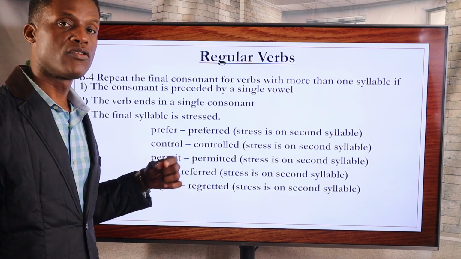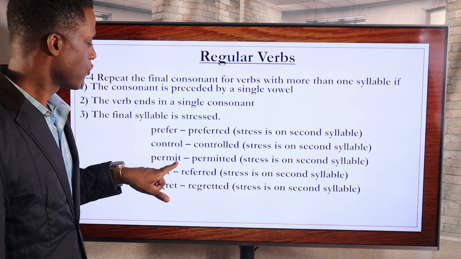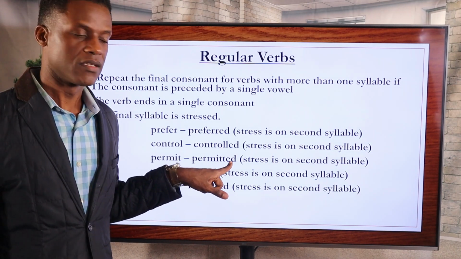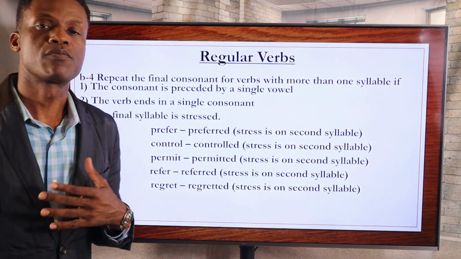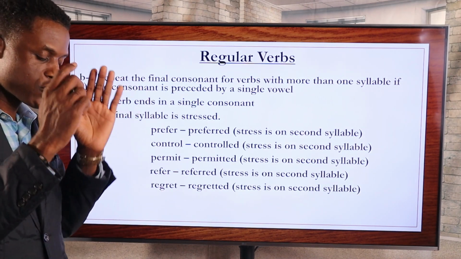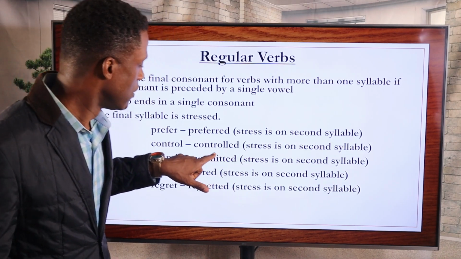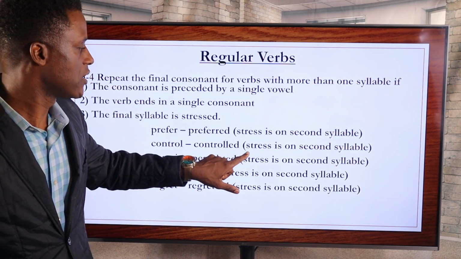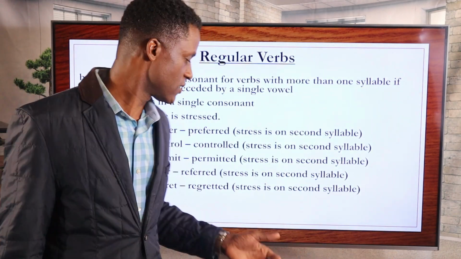The stress is not on per, it's on mit. So permit, permitted. Okay, stress on the second syllable, because the stress is on mit. Permit, control, controlled: double the consonant and then add ed.